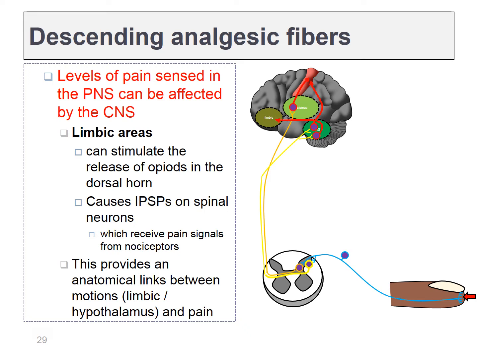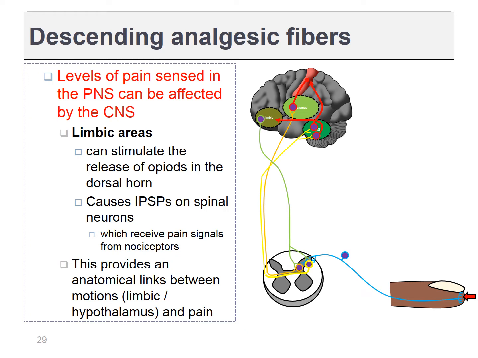Let's go back to that spinal gating theory, the idea that we could change how painful a pain signal was. And while they got the mechanism wrong, the idea was absolutely right. It turns out that activation of the limbic system can activate neurons that travel down to the spinal cord and cause EPSPs or IPSPs on some of these second-order neurons, making them more sensitive or less sensitive.